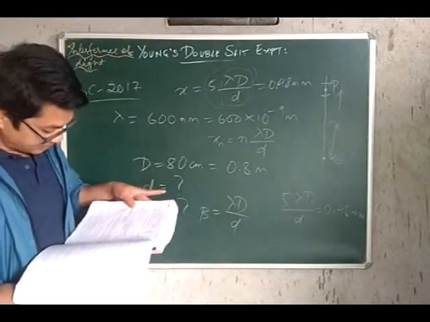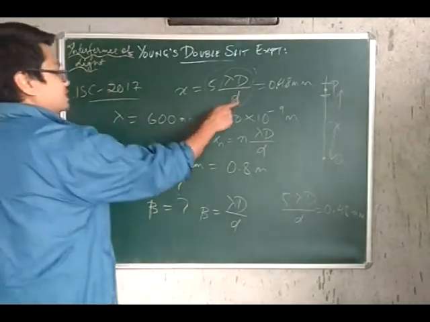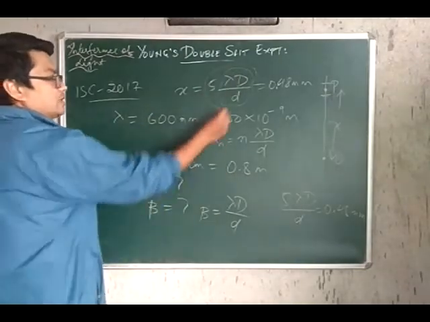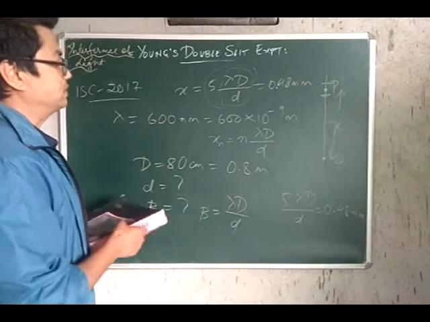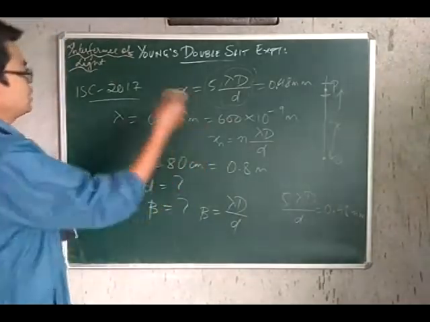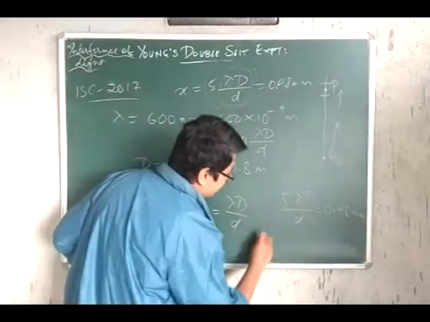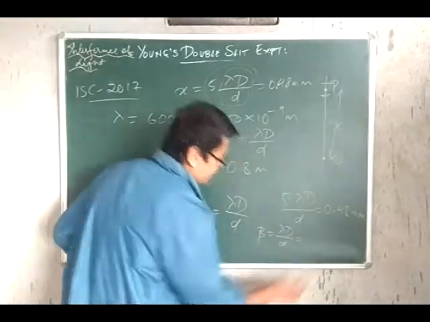And for slit separation, small d, lambda is given, capital D is given, so you can find slit separation also from here. Let us first find the fringe width. Fringe width beta is lambda capital D by small d.